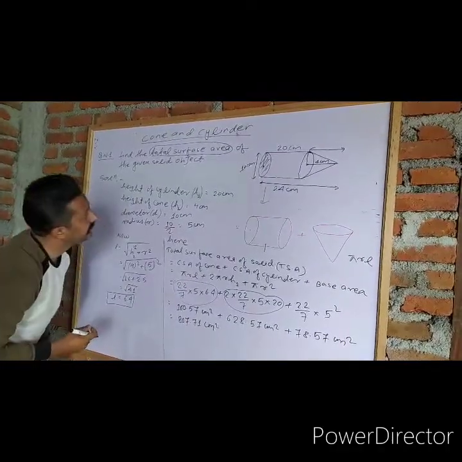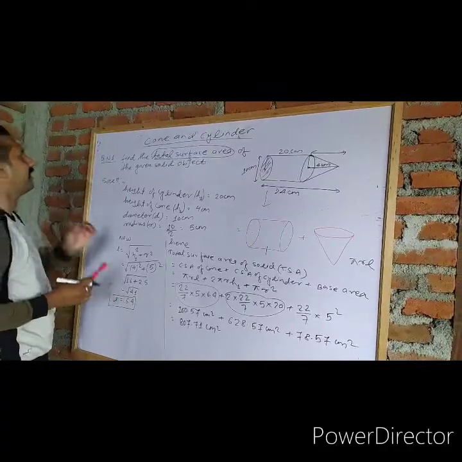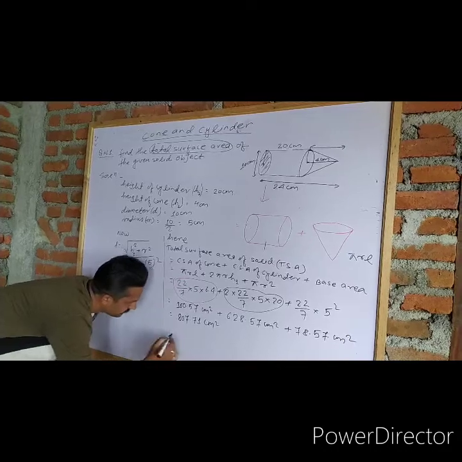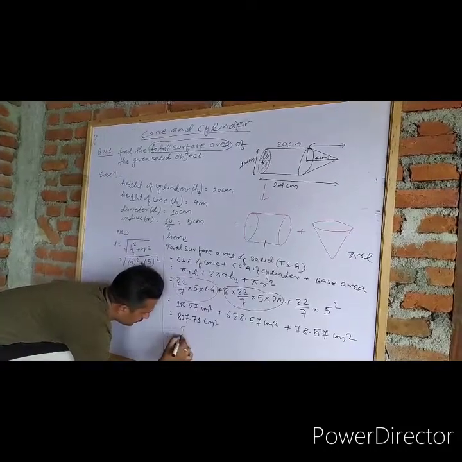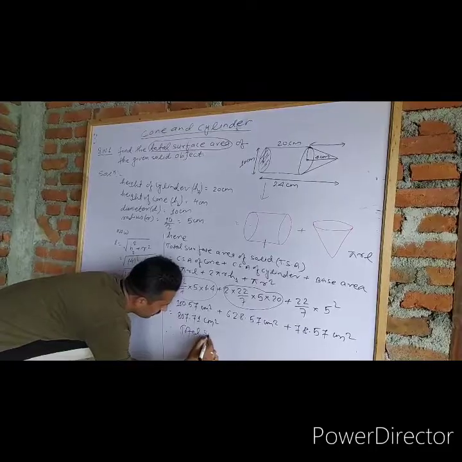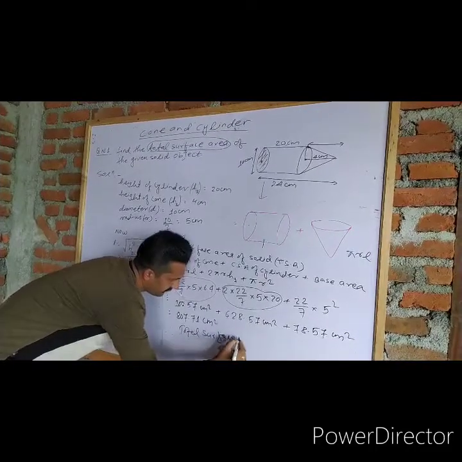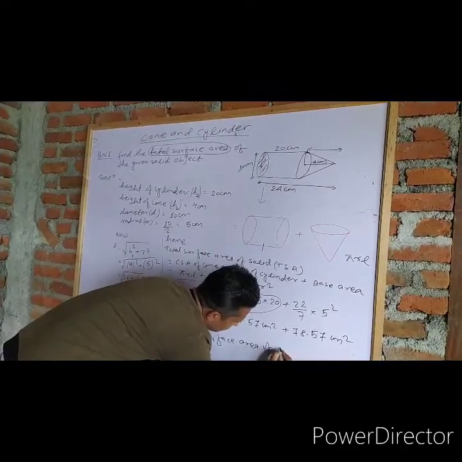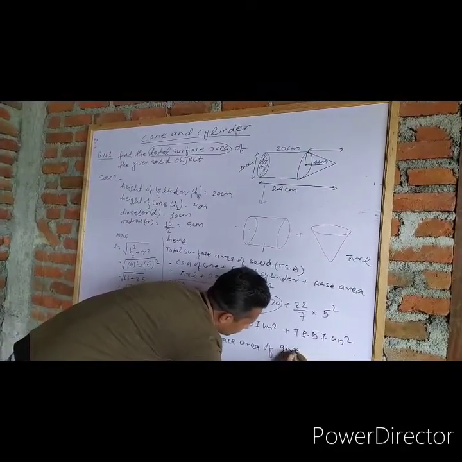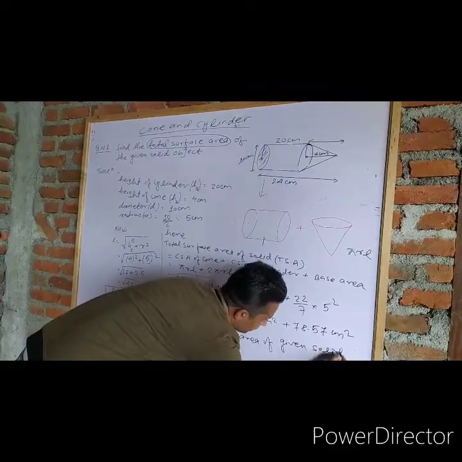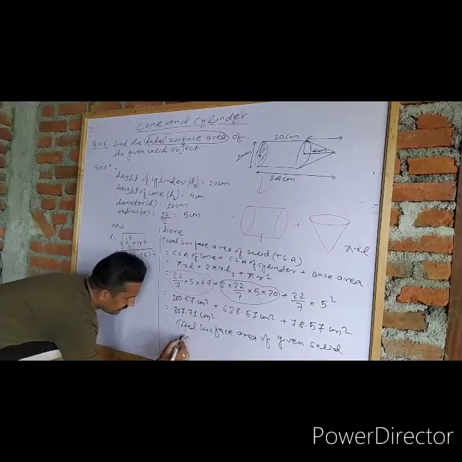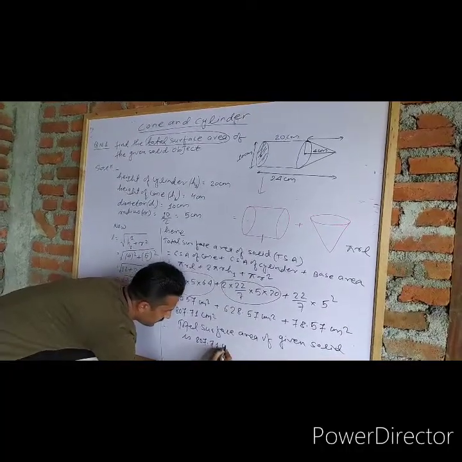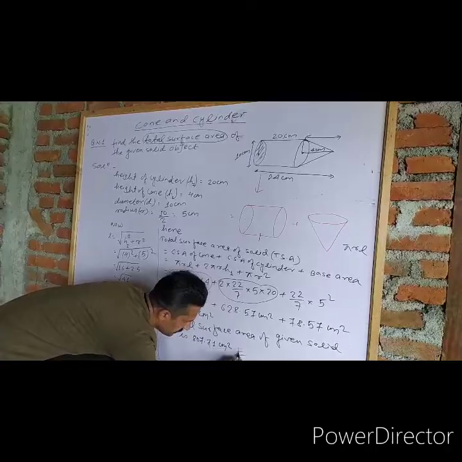This is the value of total surface area of given solid. At last, right here, total surface area of given solid is 807.71 centimeter square.